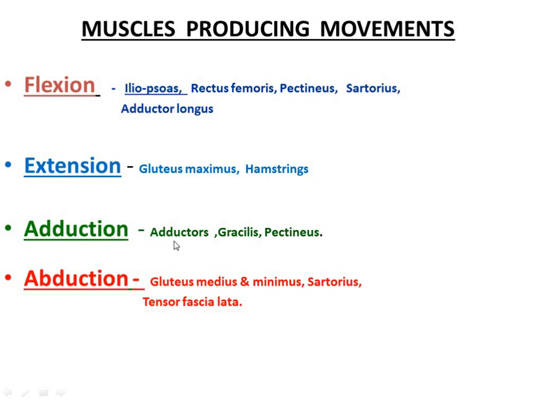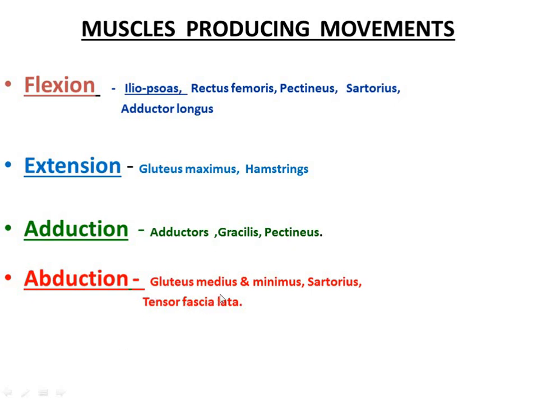Adduction is by all the adductor group of muscles: adductor longus, adductor brevis, and the adductor component of adductor magnus. Along with that, a medial muscle, gracilis, also contributes to some extent to adduction by virtue of its position medially in the front of the thigh.